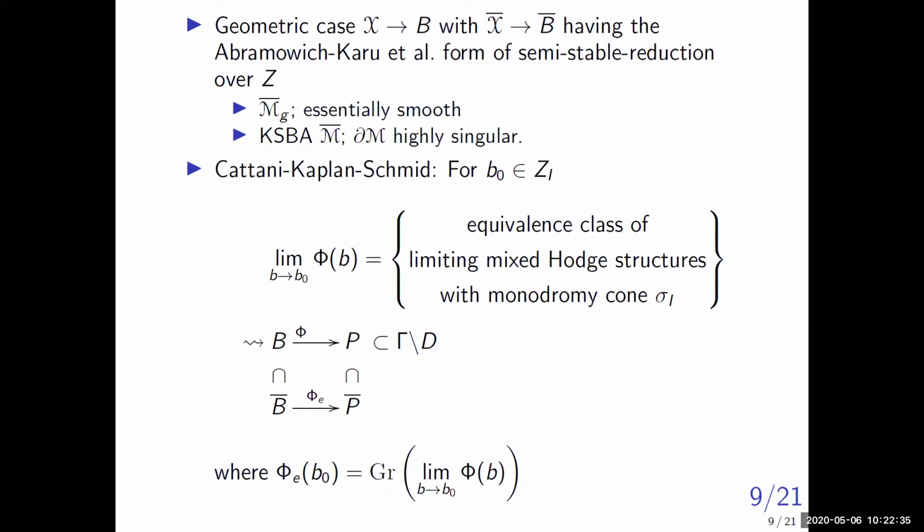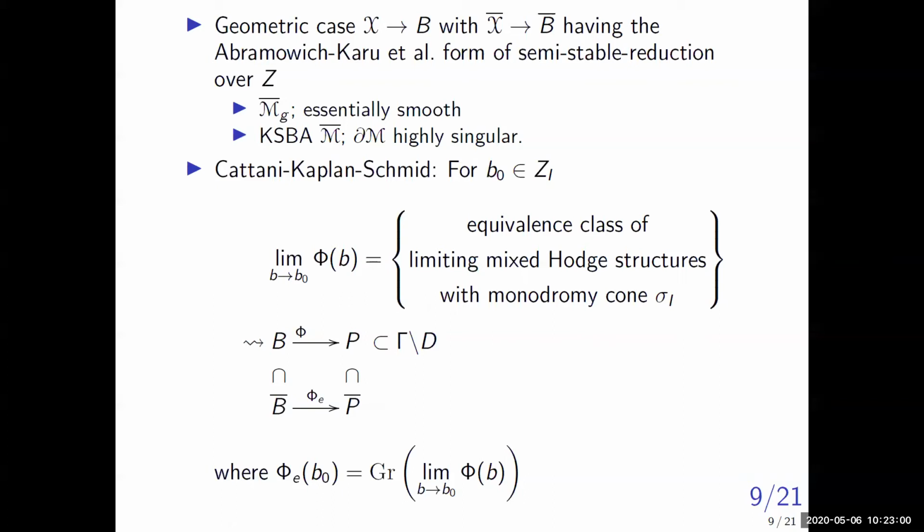Then the period mapping, whose image is an analytic variety and the quotient of the period domain, that extends to P bar. And the definition of the extension is you associate to the limit point the associated graded of the limiting mixed Hodge structure.